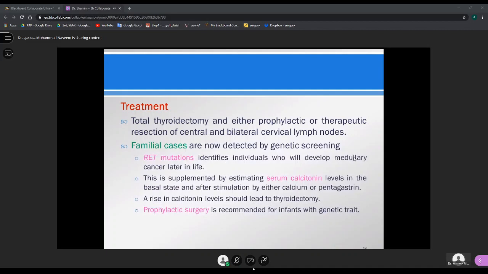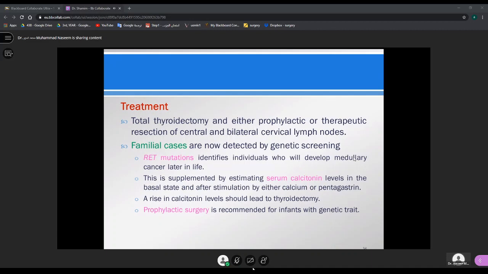Familial cases are detected by genetic screening. RET mutation identifies individuals who are going to develop medullary carcinoma later in life. If detected, this is supplemented by estimating serum calcitonin level in the basal state and after stimulation by either calcium or pentagastrin.